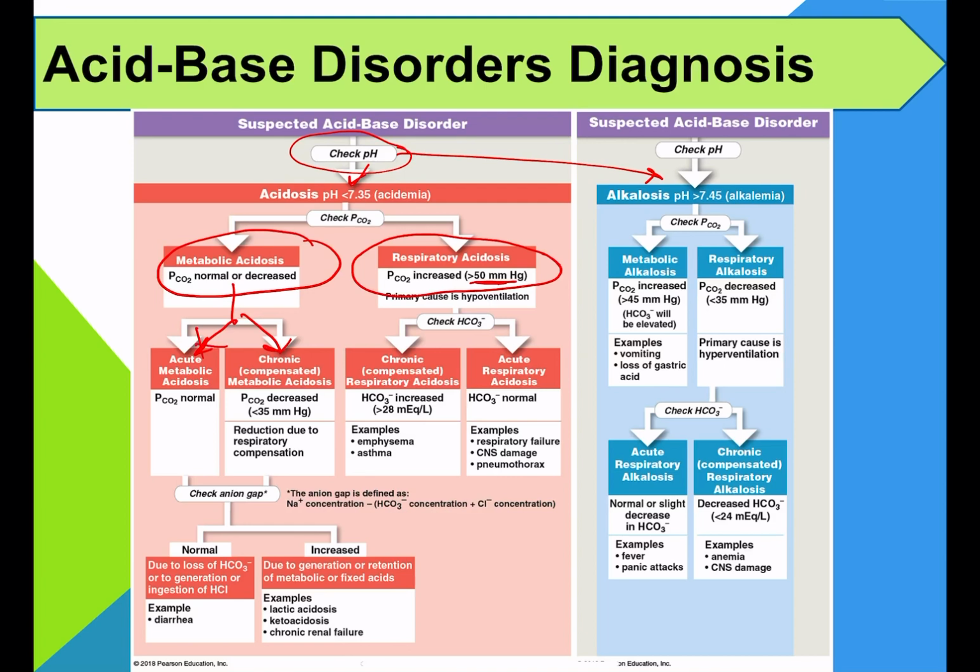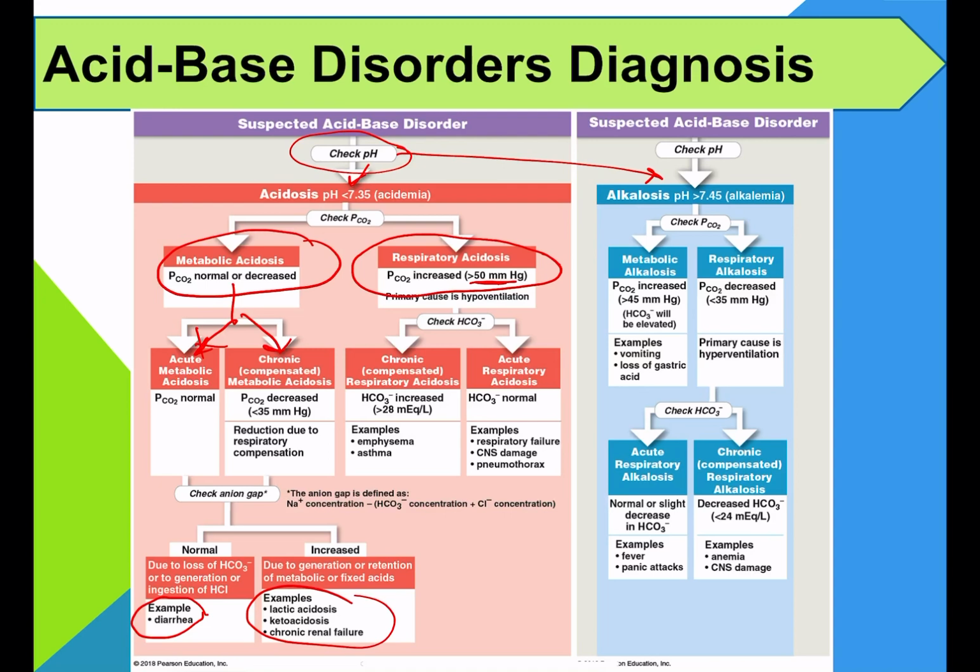And then you can narrow down to the ultimate cause, or a possible cause of their situation of acidosis or alkalosis. Is it a respiratory reason, or is it a metabolic reason? If it's a metabolic reason, what is it? Is it lactic acidosis, ketoacidosis, or diarrhea?